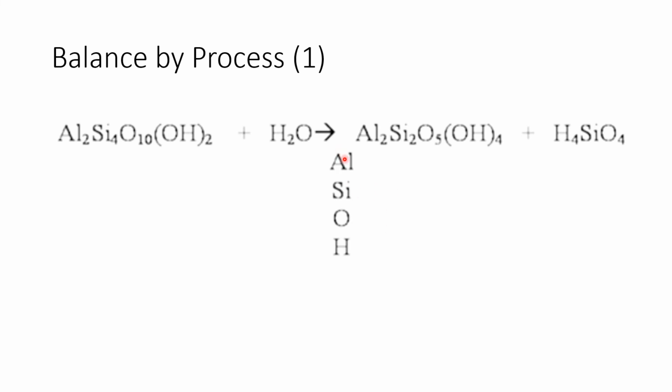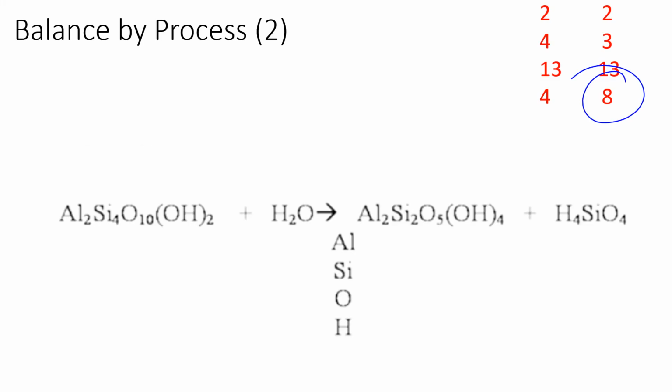My first step is to list the elements involved. Well, I've got aluminums, I've got silicons, oxygens, and hydrogens. Now, even though these are fairly complicated, right, it's still only those 4 elements involved. Okay, now I'm not sure why I did the tallies up here and then did them again, but okay. So remember, it comes with ones, right, in front of all these.